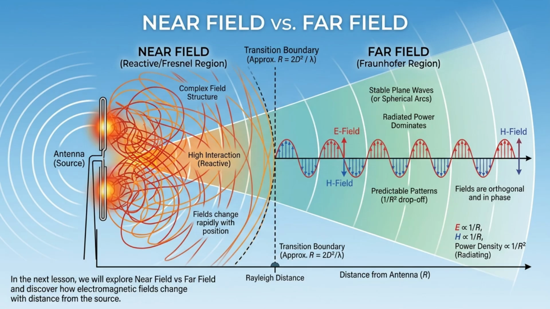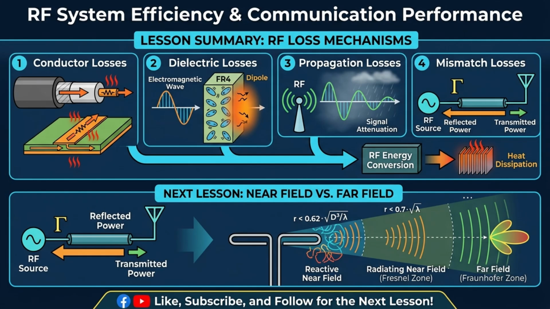As electromagnetic waves move away from an antenna, another important distinction emerges. The behavior of fields close to the antenna is very different from the behavior farther away. In the next lesson, we will explore near field versus far field, and discover how electromagnetic fields change with distance from the source. In this lesson, we learned that loss mechanisms remove energy from electromagnetic waves and convert it into other forms, primarily heat.